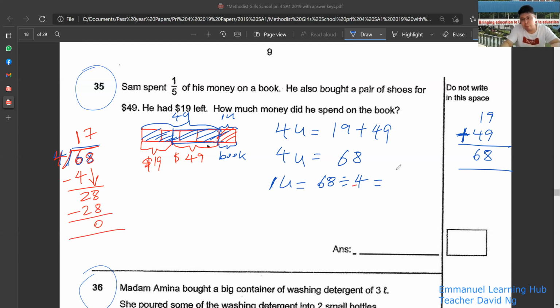I told you many times, go and memorize your multiplication timetable already. You still can't do your multiplication timetable. So the answer is 17. How much did he spend on the book? $17. Okay? This question, you know what to do already, yeah?